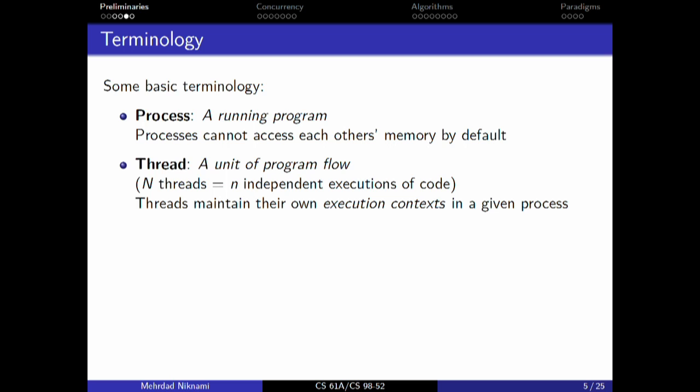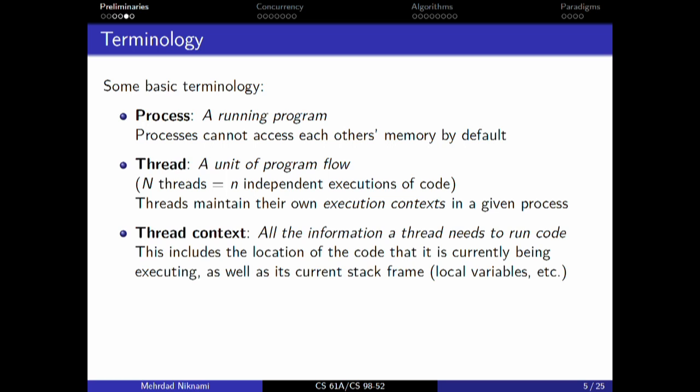And threads each maintain their own context. Context here means where in the code the thread currently is, what its local variables are, what the parent frame is. Those are all properties of threads. But they share the same memory as a process.